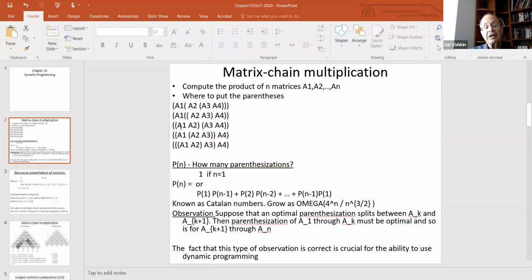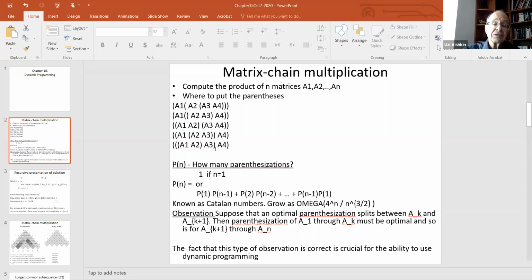Third possibility, A1 times A2, also A3 times A4, and now multiply the 2 products. Fourth possibility, multiply A2 by A3, multiply A1 by the product, and then the product times A4. And the last possibility is A1 times A2 first, multiplied by A3, and then by A4, which is just the normal left to right multiplication. Okay.